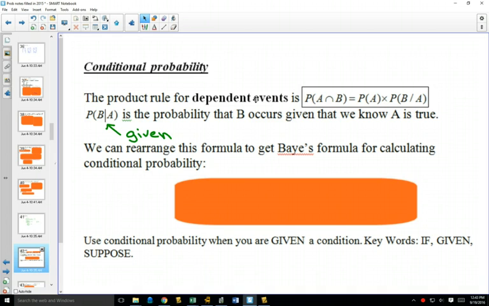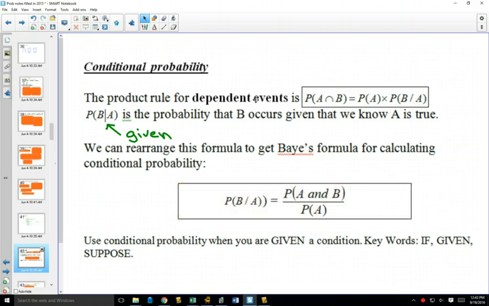So creating our tree diagram, it's quite easy to see how those things happen, because you do one thing, and then you say, after that, what are my chances of getting the next event? Now, if we rearrange this formula, you can see we can get that probability of B given A all by itself by just dividing both sides by the probability of A. And this is a powerful formula because it can be used to figure out the chances of something happening in the past given something happening right now.